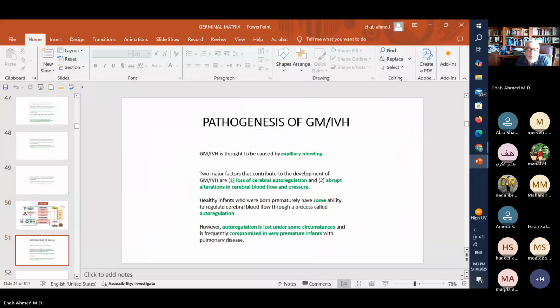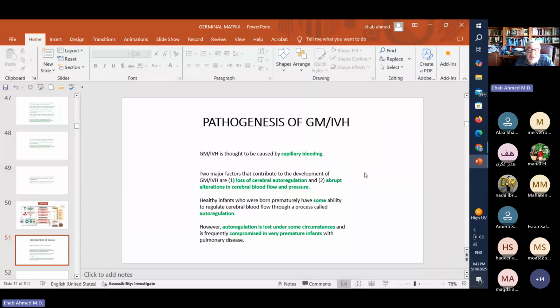So we have a germinal matrix that is immature, and autoregulatory mechanisms that are immature, affecting the cerebral blood flow. We have underlying problems of prematurity, starting from anemia, mechanical ventilation, hypoxia, and acid-base balance problems.